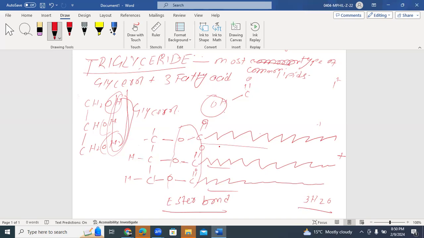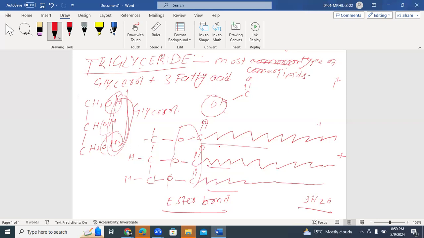And as the byproduct, the water molecule will be released. So the bond that forms between the oxygen and the carbon atoms is called an ester bond, and as a byproduct, what will be released here is water. So this is ester bond formation.